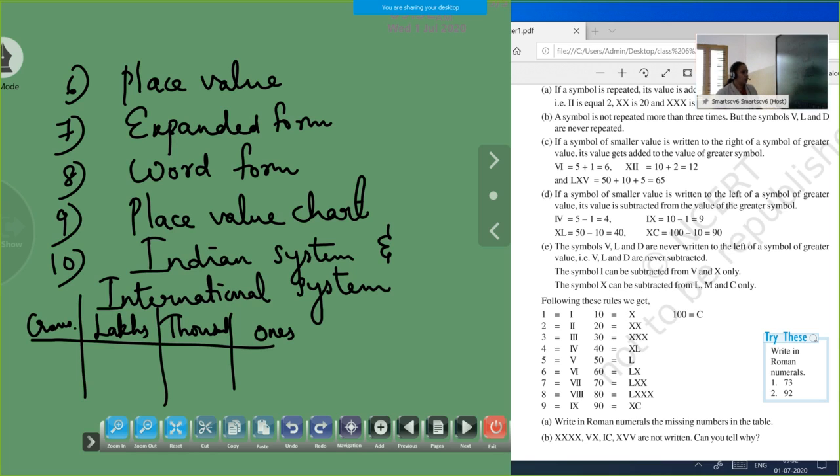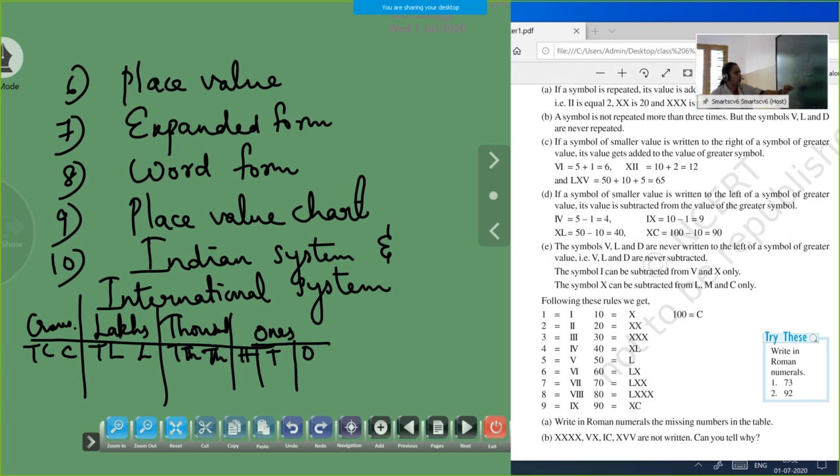The ones period contains ones, tens and hundreds, 3 digits. Then thousands contains 1000 and 10,000, 2 digits. Lakhs contains lakh and 10 lakh. Then crores also contain crore and 10 crore. Okay, this is according to the Indian system we studied.